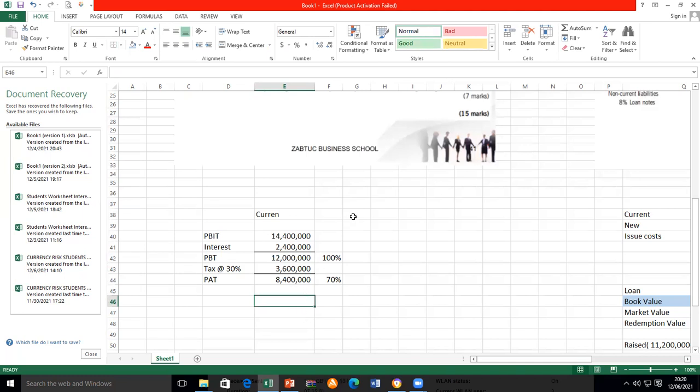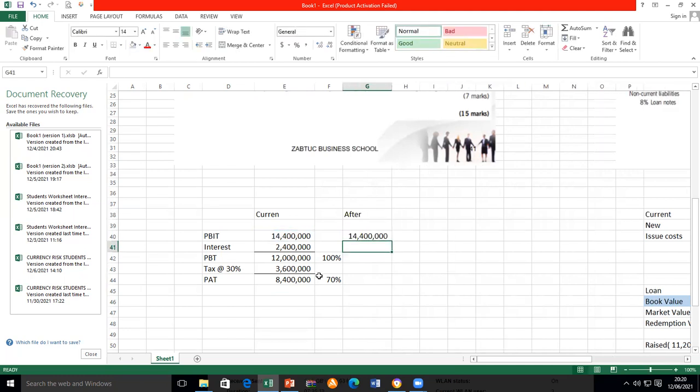Now, afterwards, what do we have? This will not change. It's still the same. We didn't expand this business. All the money went to paying off the loan. The interest has now changed. How much is your interest? We only have 20.